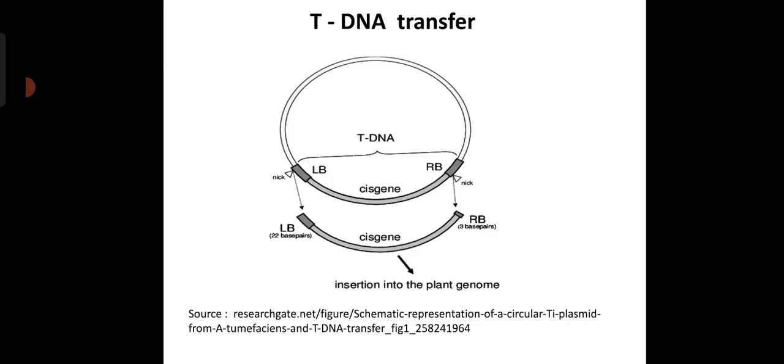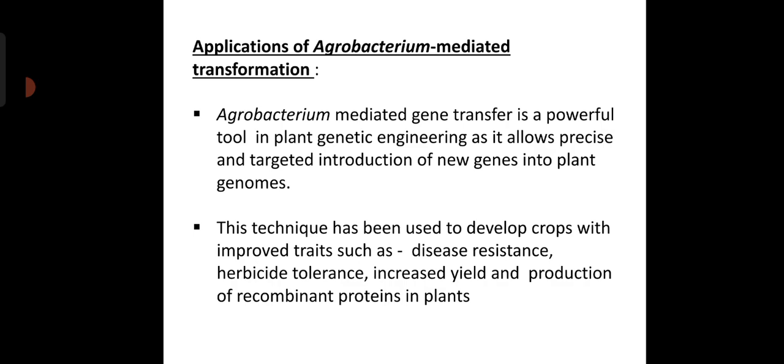Some examples of plant species that are genetically transformed by using Agrobacterium are alfalfa, asparagus, cotton, potato, soybean, tobacco, tomato, walnut, etc. So next, coming to the applications of Agrobacterium mediated transformation.